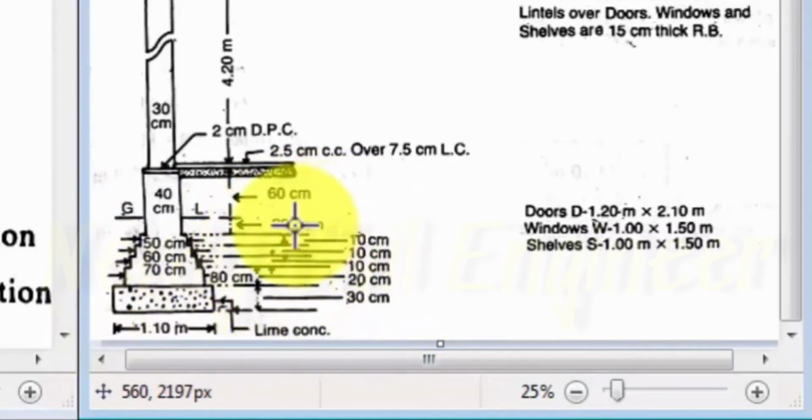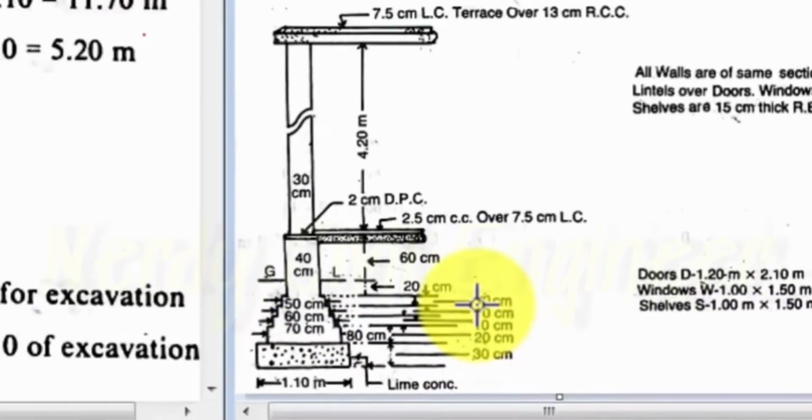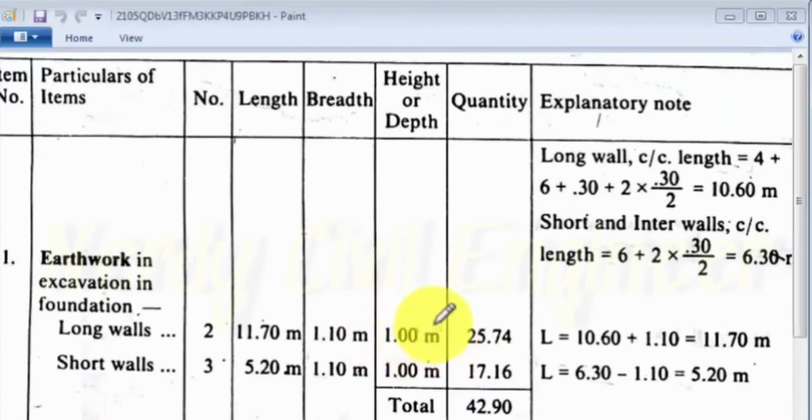That will be 1.00 meter. The breadths are also given in the cross section for each footing and the concrete in foundation. So in the table we will put the height as 1.00 meter both for long walls and short walls.